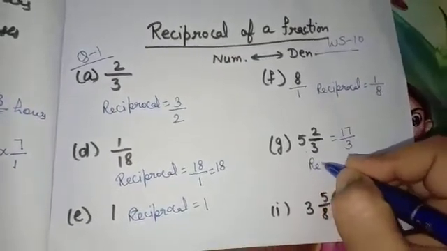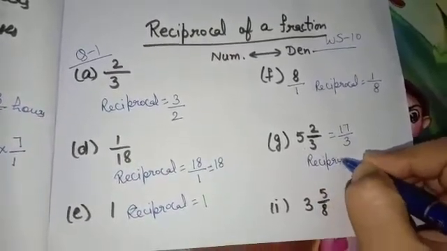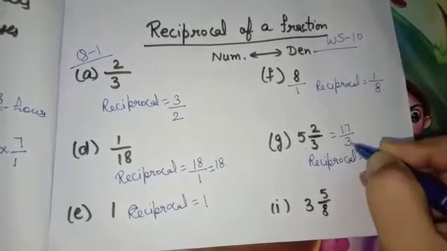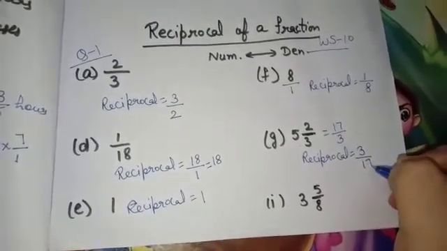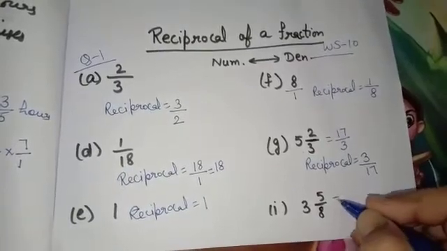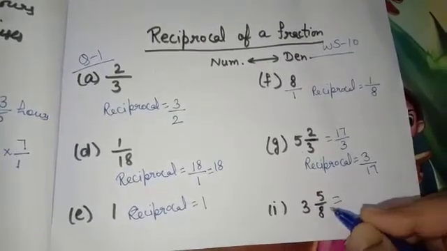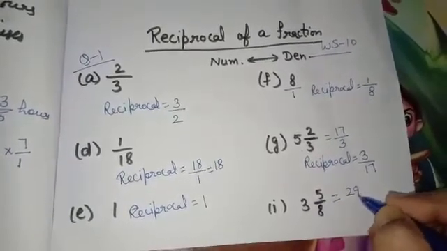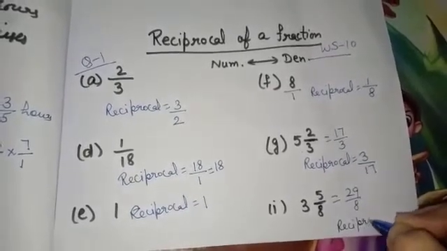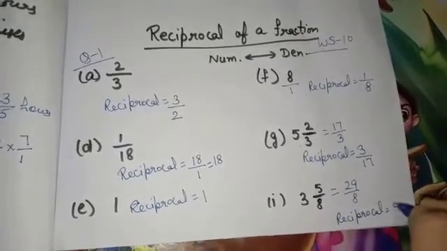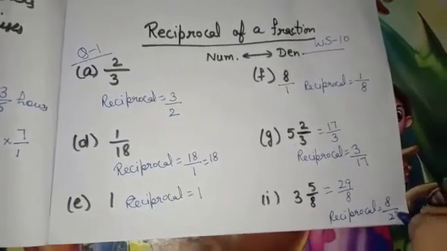Then its reciprocal will be, tell me, 17/3 has the reciprocal 3/17. Yes. I part: 3 5/8 is 29/8. And what will be the reciprocal of the question? This is 8/29.